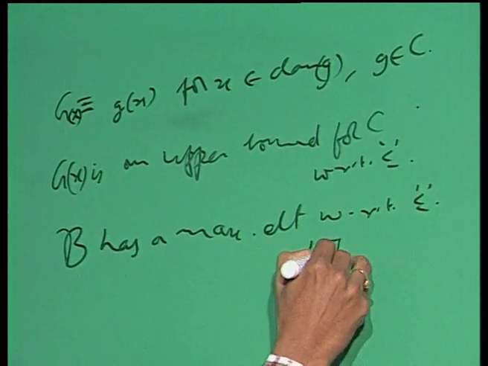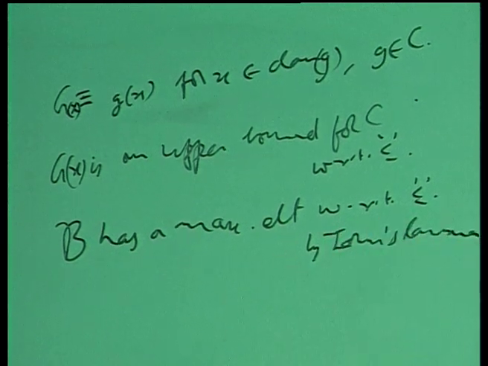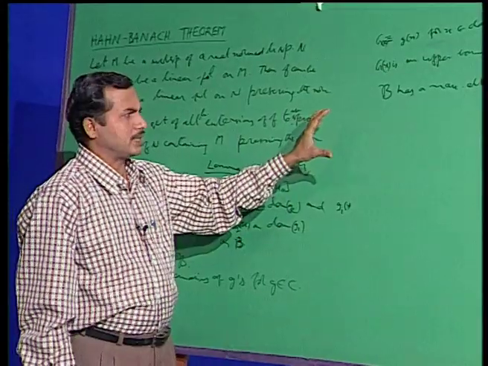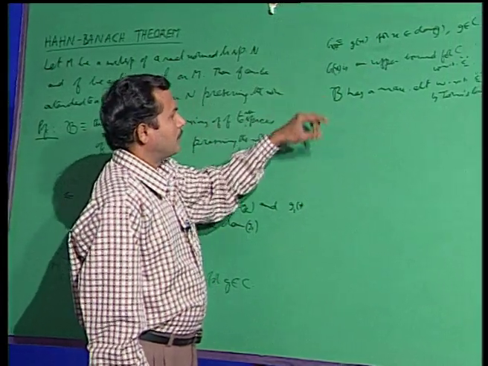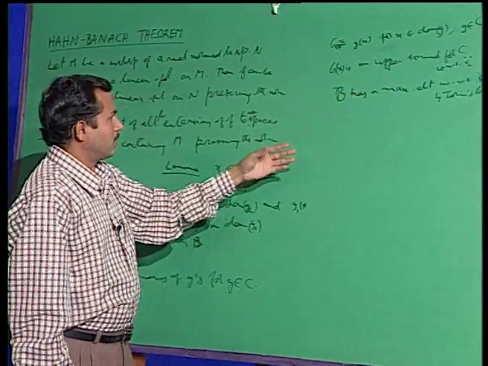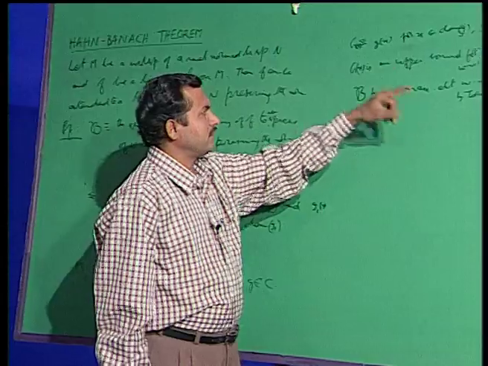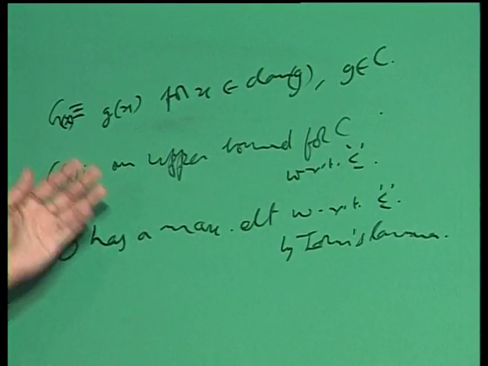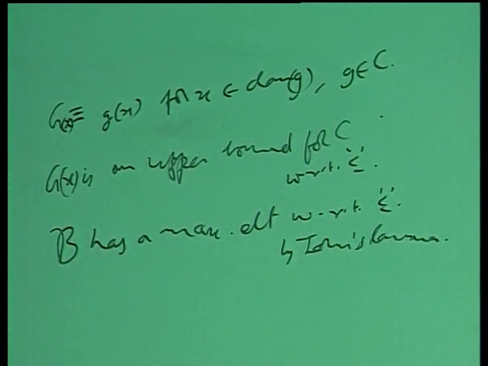What Zorn's lemma says is the following: if in a partially ordered set every chain has an upper bound, then that partially ordered set will have a maximal element. So, in our collection, the capital B, we started with a chain. For that chain we could obtain an upper bound capital G. Therefore, by Zorn's lemma, this set capital B has a maximal element.